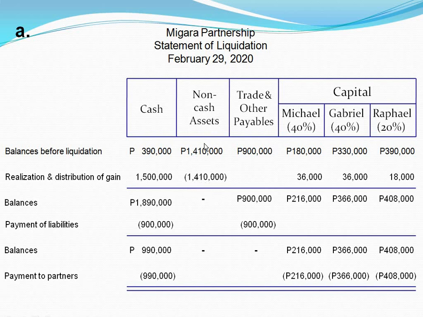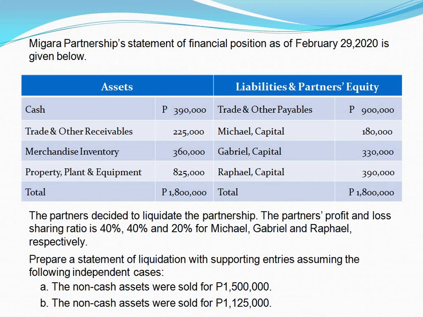But please, don't credit using the account title non-cash assets, but the account names given in the problem. Actually, we should debit or credit the specific individual accounts which can be found in the ledger and notes to financial statement. However, in this problem, only the line items or account classifications in the statement of financial position are given.